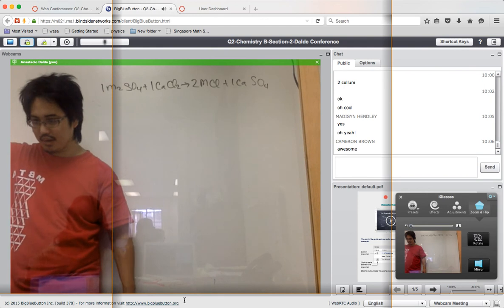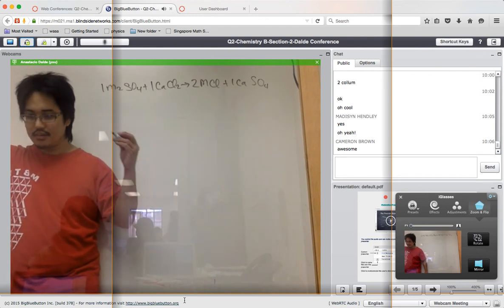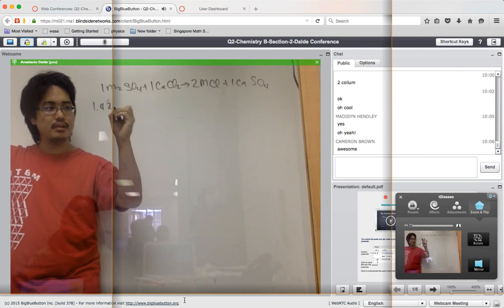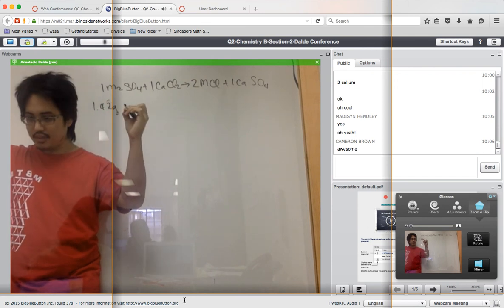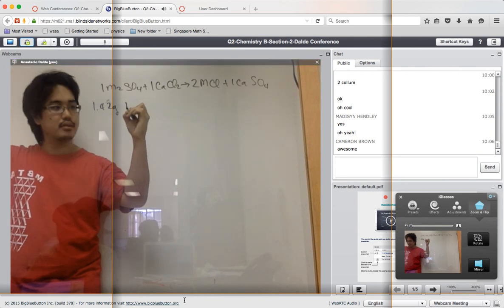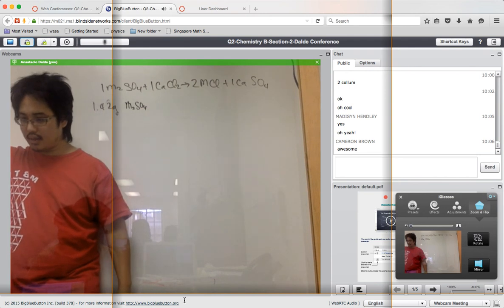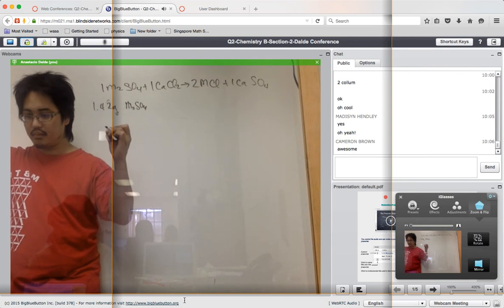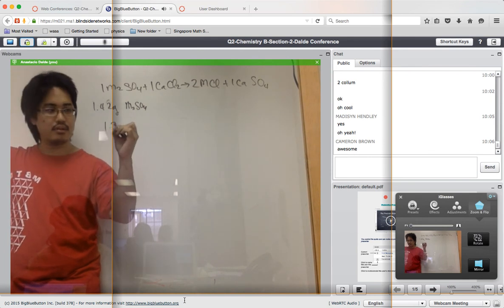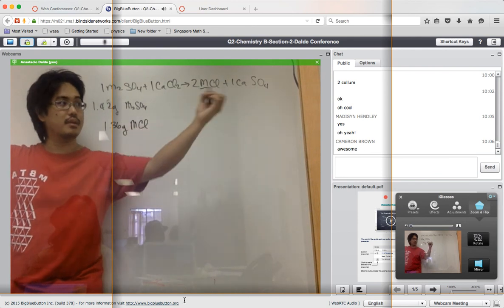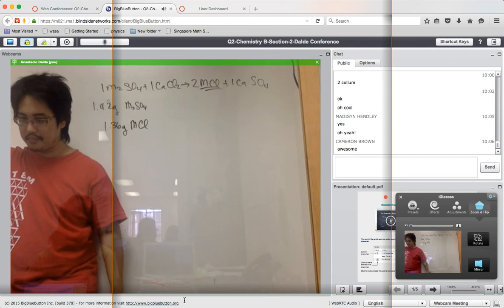All right. So here's the problem, though. I gave you guys 1.42 grams of M2SO4. And I also said the precipitate that was formed is 1.36 grams of MCl, because this is my precipitate, right?